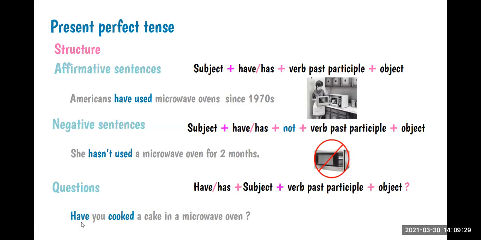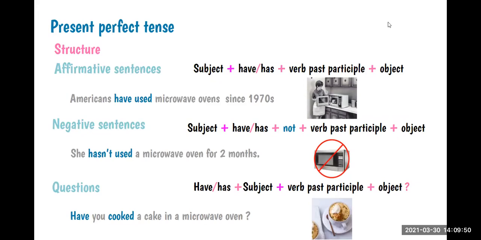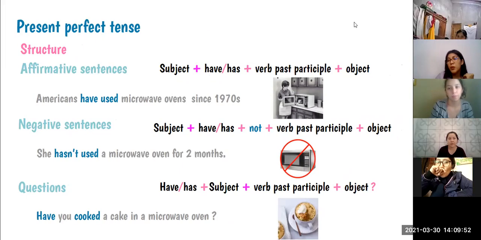Okay, now that we remember the structure of this tense, we are going to see the use, when to use this tense. Do you remember when do we use this present perfect tense? When we talk about what? When do we use it? Any ideas? When do we use the present perfect tense?